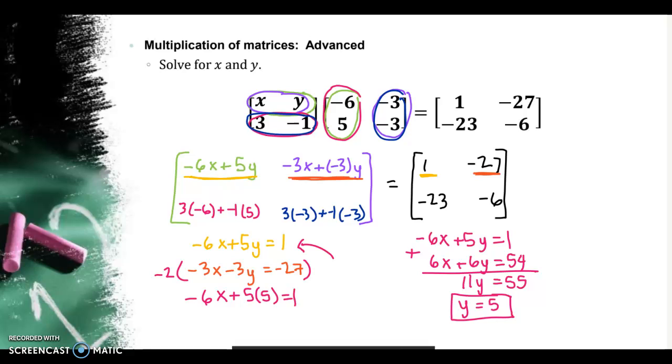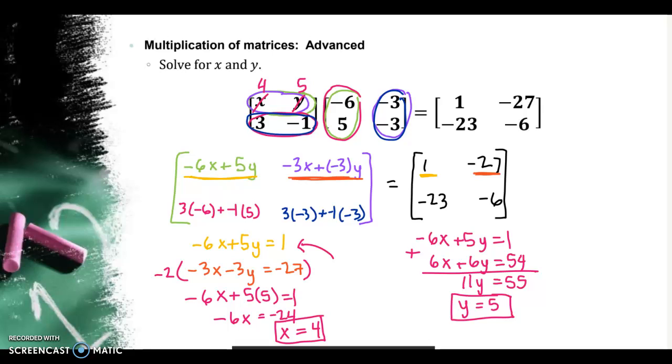So after I subtract the 25, I'll get negative 6x equals negative 24, or x equals 4. So now I have solved for x and y. So I know that the matrix 4, 5, 3, 1 times the matrix negative 6, negative 3, 5, 1 is going to equal this matrix on the right.